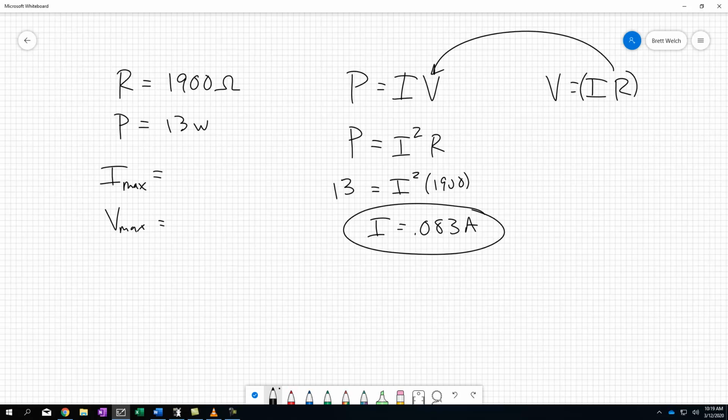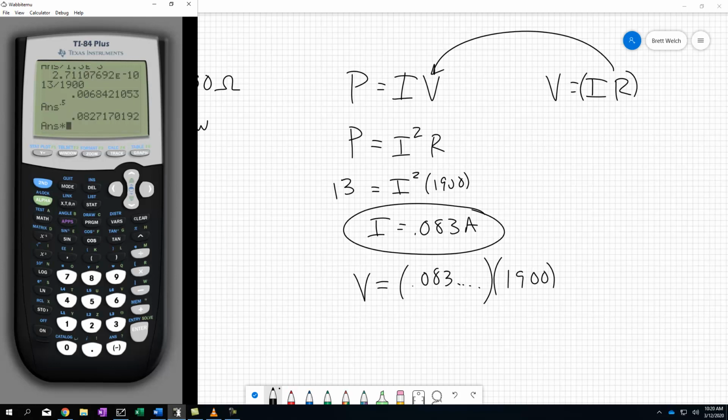Then when I go to do the voltage, I want to acknowledge that the current I have, 0.083, is a rounded number. Please don't use rounded numbers to make more calculations. Try to use your calculator. Technology's there for us. But if I just use V equals IR, 0.083 times the R, which was 1900, I get a voltage of about 157.